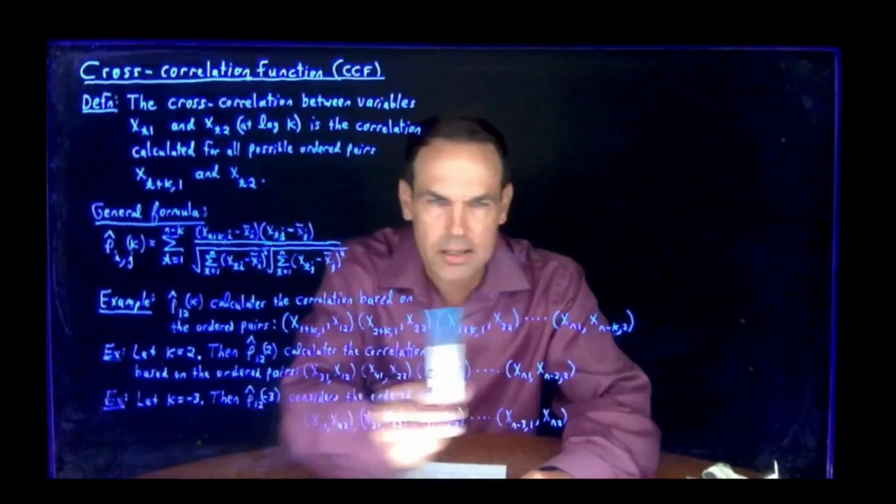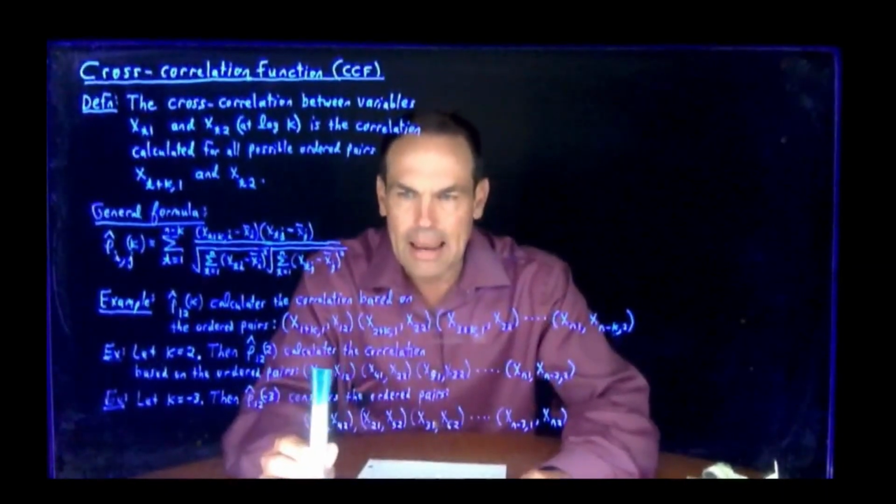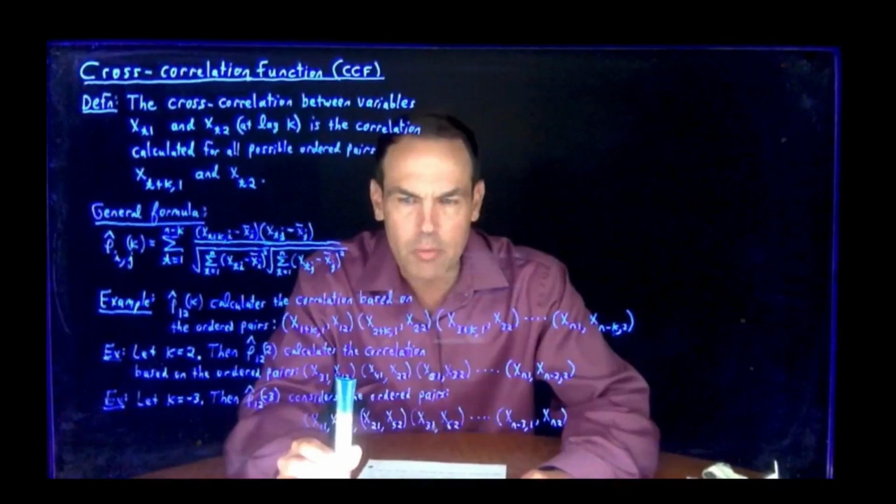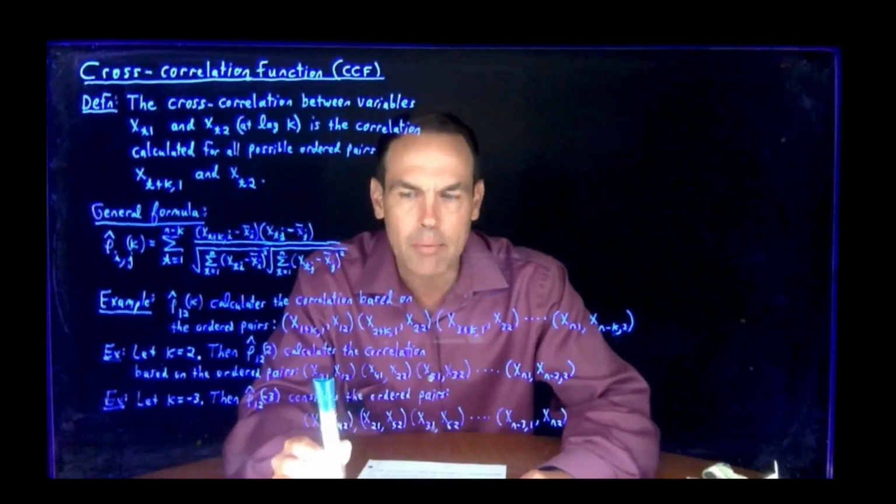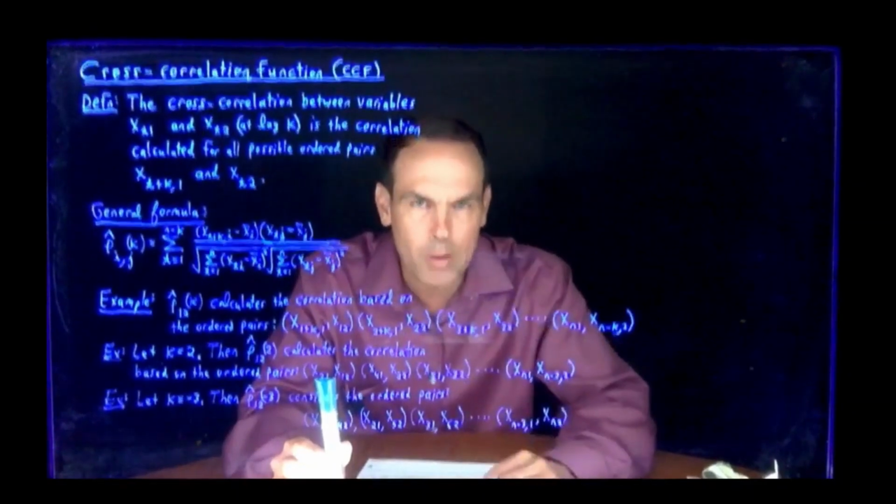You can look up here as a guide. And again, we'll start with the second variable. We've got x1,2. That's the second variable at time point 1, paired with the first variable at time point 3. So it's 2 time points ahead.